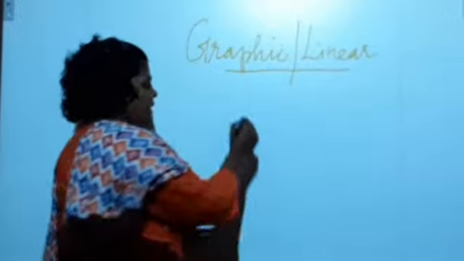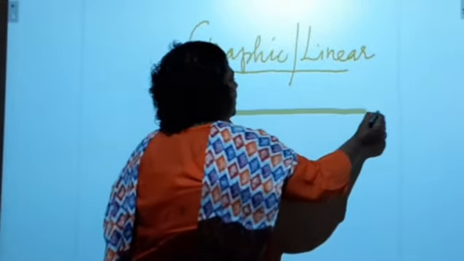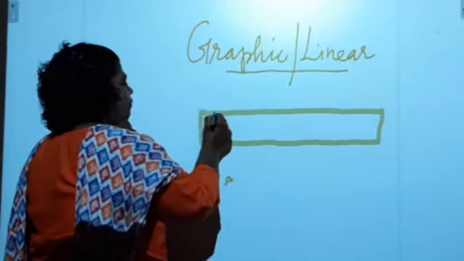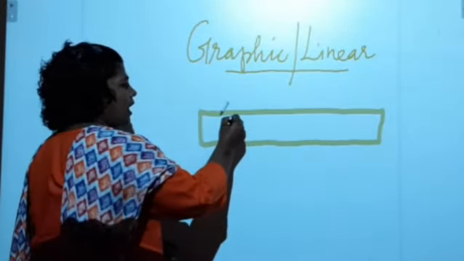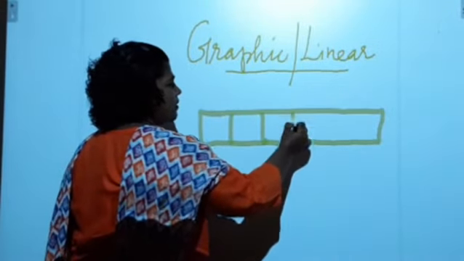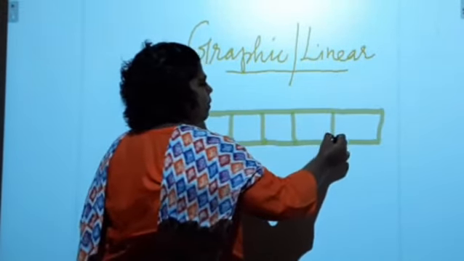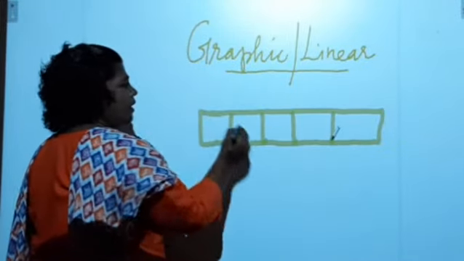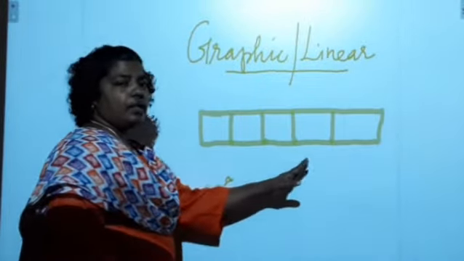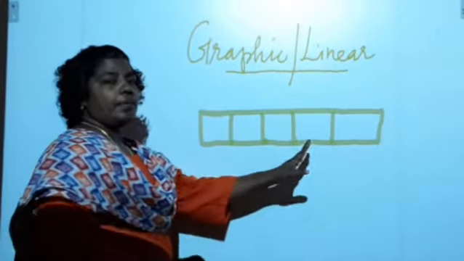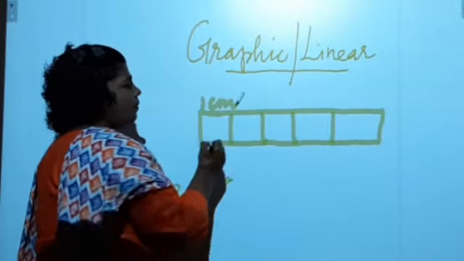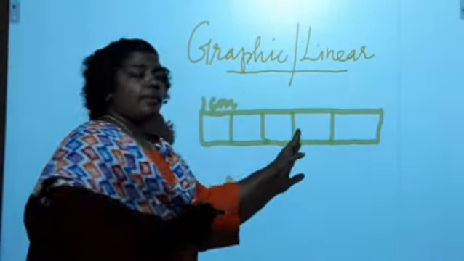Okay, and the straight line will be divided into 5. Okay, the straight line will be divided into 5 parts and each part can be 1 centimeter. Okay, so each division will be 1 centimeter.